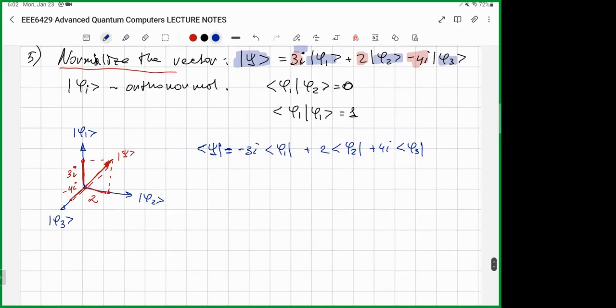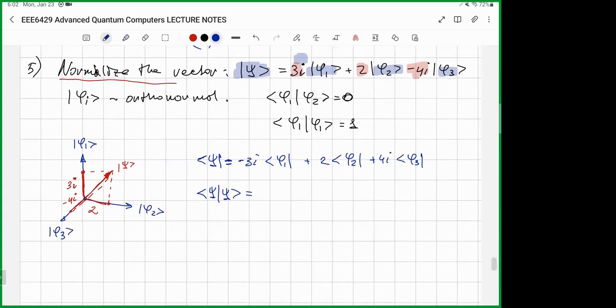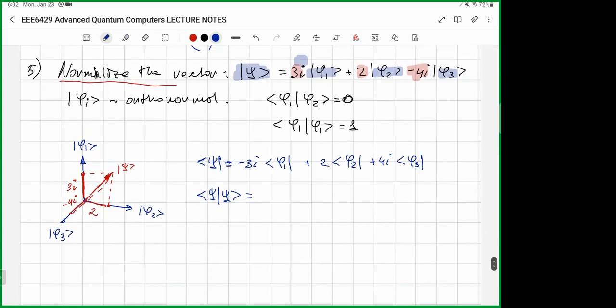Now I find the inner product of psi by itself. Here I have to multiply each component: bra phi1 by phi1, then by phi2, and by phi3.